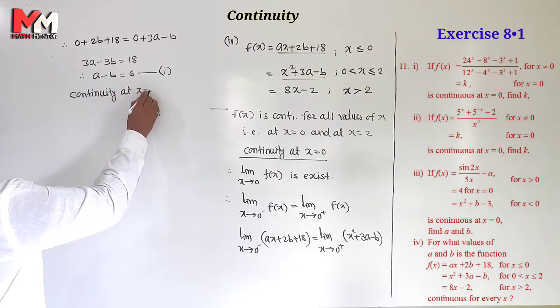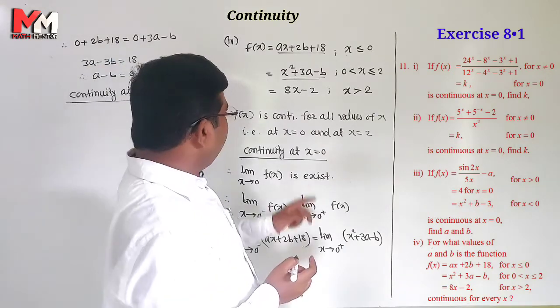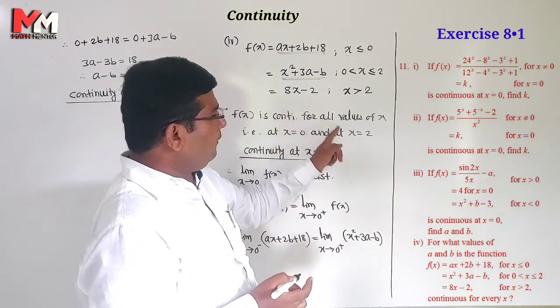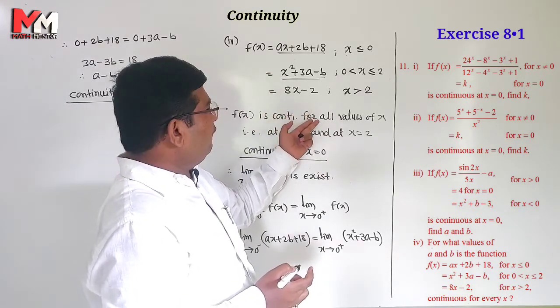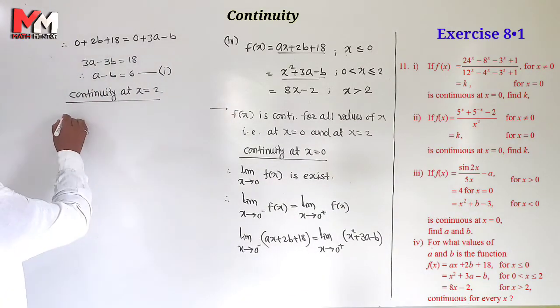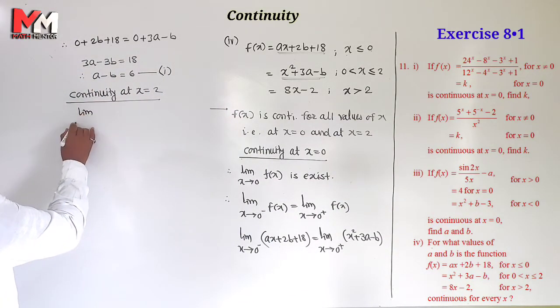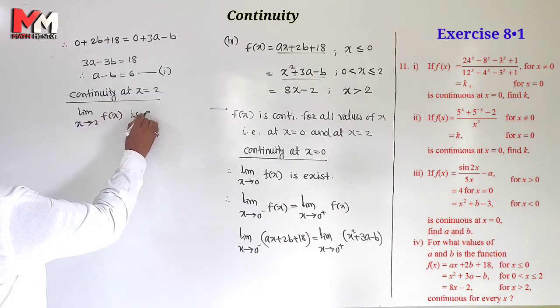Now for continuity at x is equal to 2. So ये होगा at x is equal to 0. So ये 0 पे भी continuous है और 2 पे भी continuous है. Why? Because the function is polynomial and for all values of x it is continuous. So for 2, limit x tends to 2 of f of x exists.